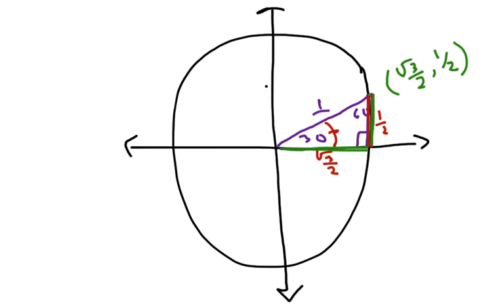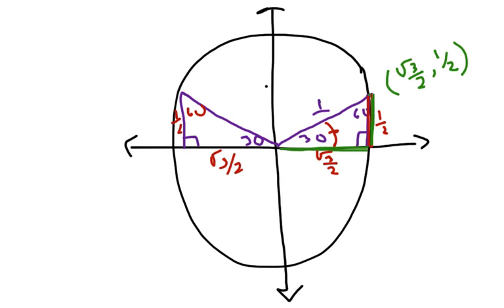Now I'm going to take the triangle and flip it, and I'm going to draw it on this side. I have the same values. The side across from the 30 is 1/2, and the side across from the 60 is √3/2.